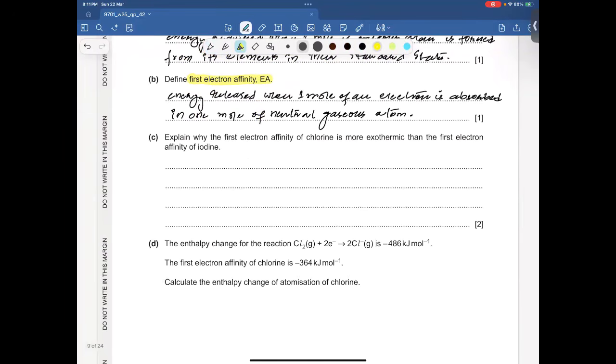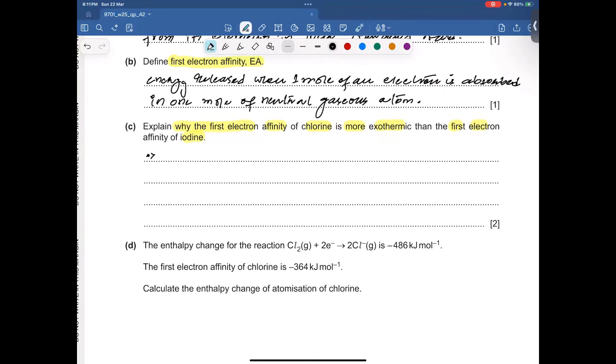Explain why first electron affinity of chlorine is more exothermic than the first electron affinity of iodine. Chlorine has a smaller atomic size, while iodine has a bigger atomic size. So my first point here is chlorine has a smaller atomic size or atomic radius, you can write that.